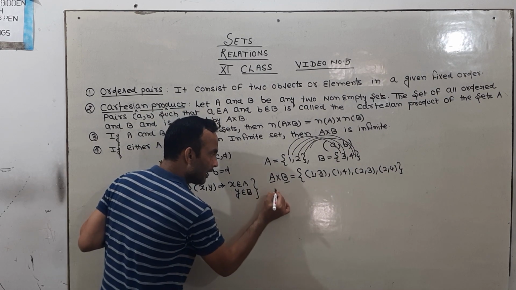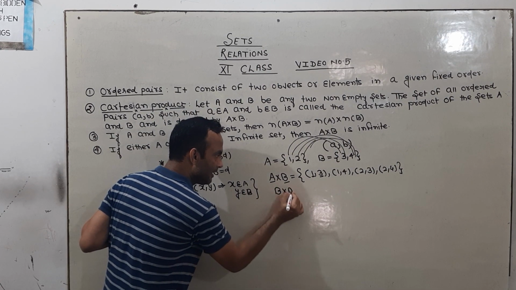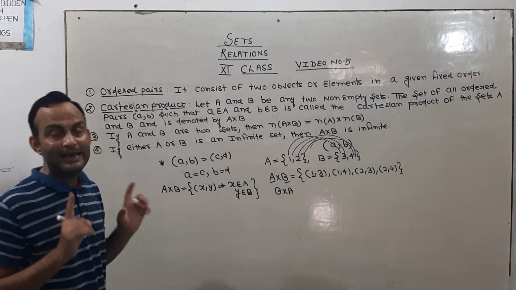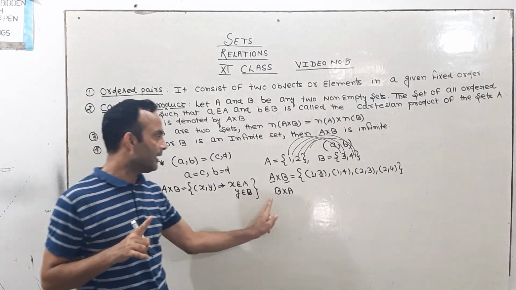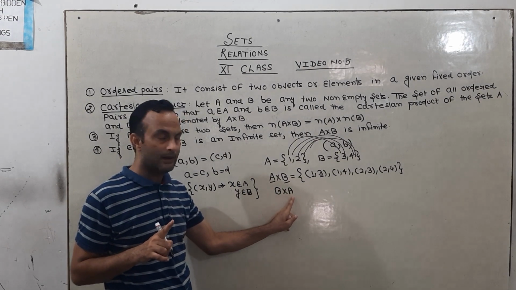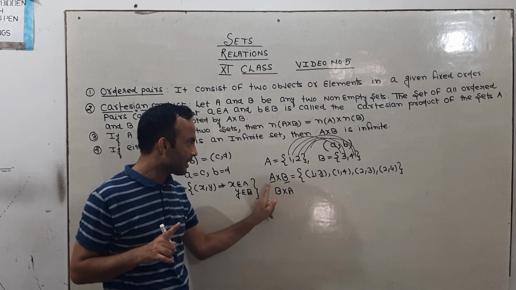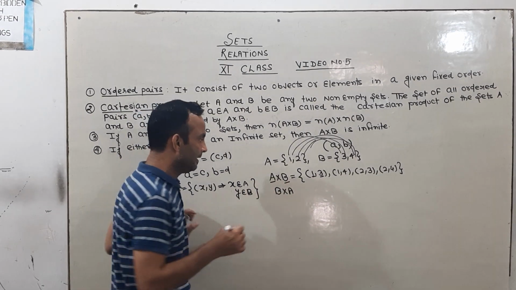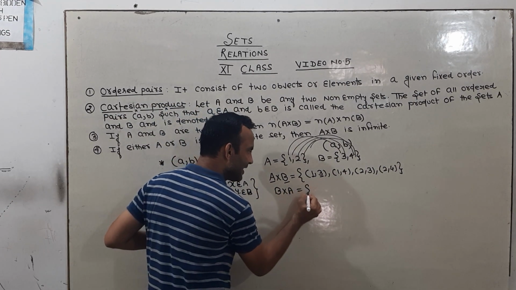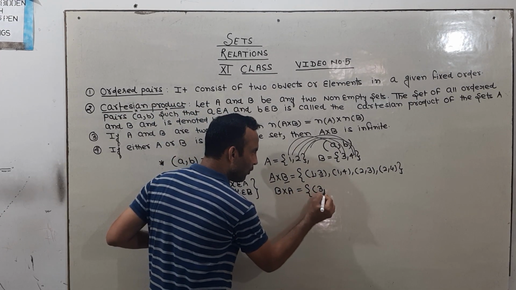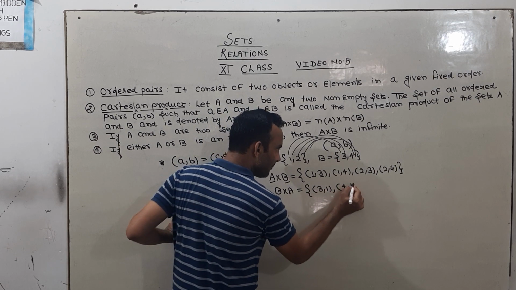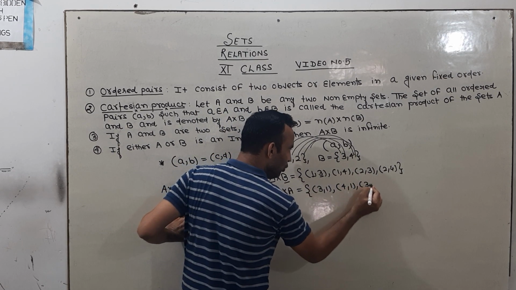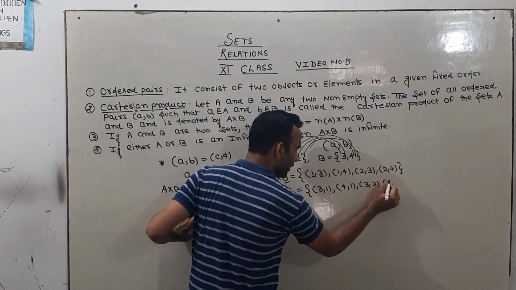But if the question is that find the Cartesian product between B and A, then first we have to write the element of B and after that the element of A. So this is just the reverse of A cross B. Means we can write it as (3, 1), उल्टा कर दीजिए, (4, 1), (3, 2), (4, 2).